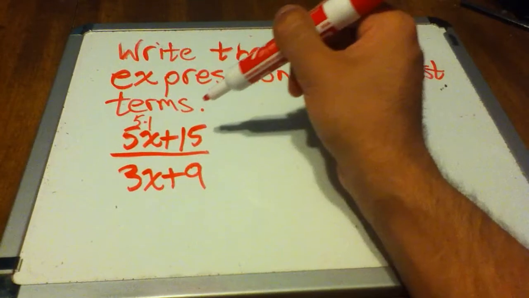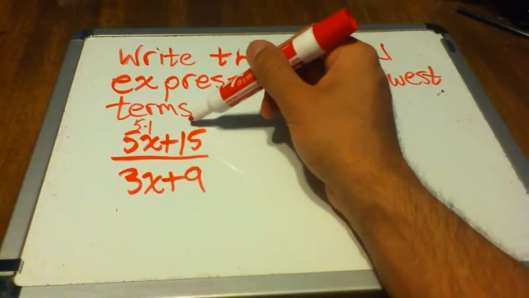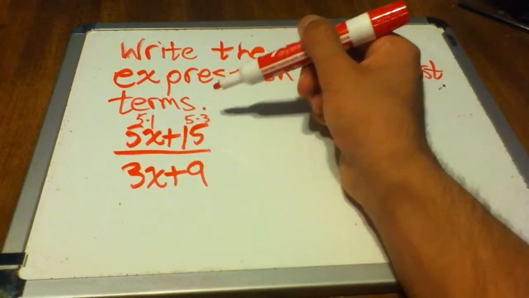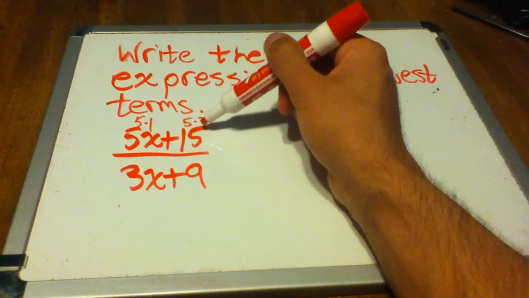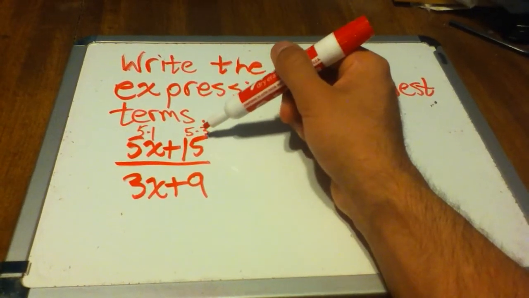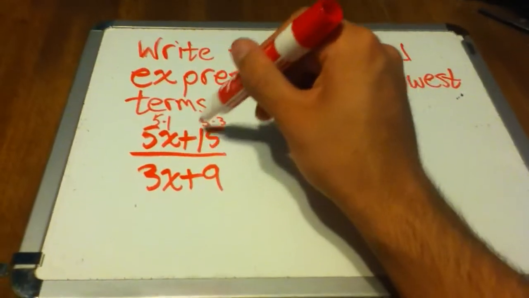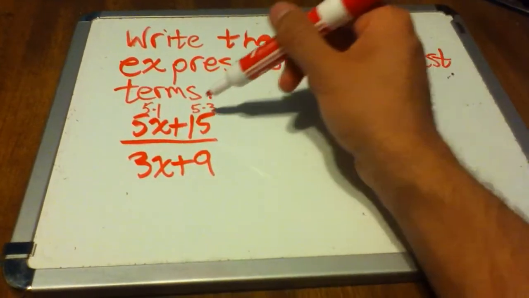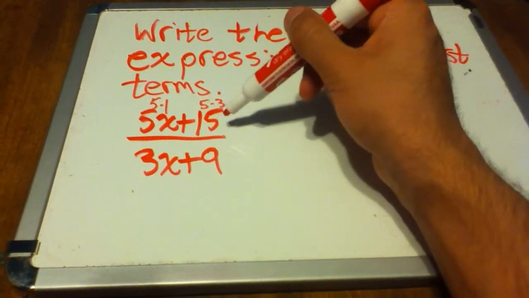The factors of 5 are 5 times 1. The factors of 15 are 5 and 3. Factors are numbers or variables multiplied to give me a certain term. In this case, 5 times 3 are the factors of 15.